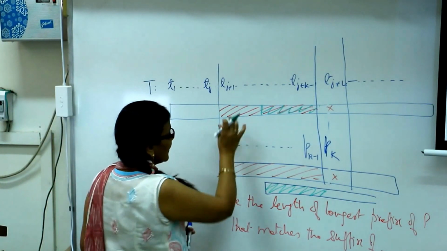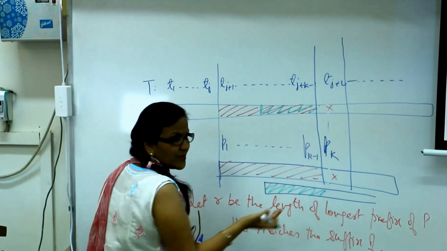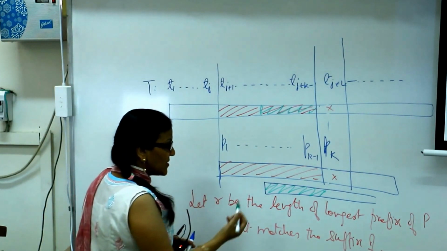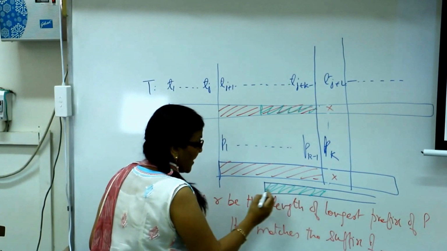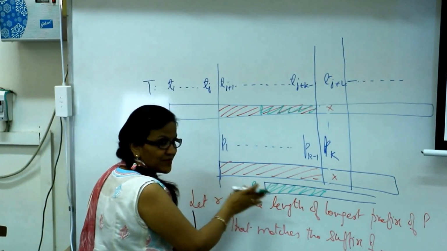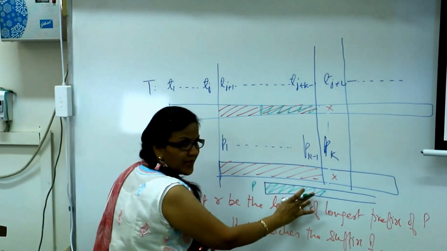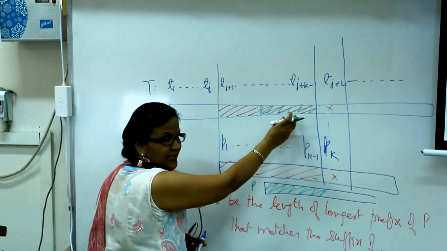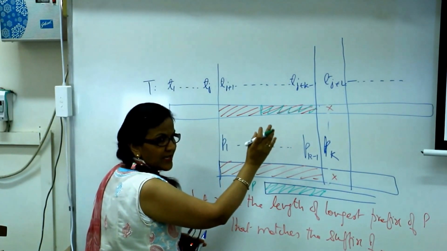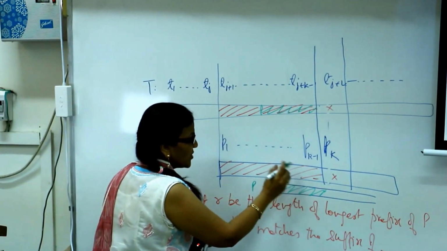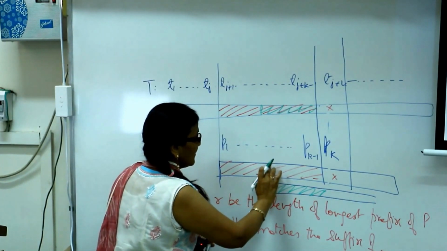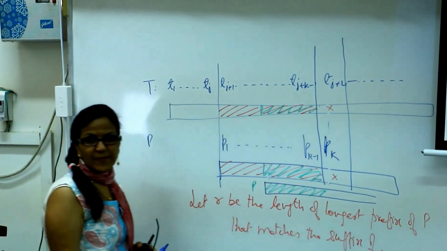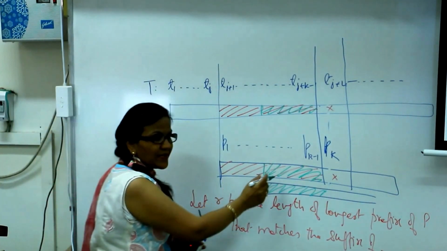Now note that this part of the text was same as this part of the pattern. Right? Thus saying that the prefix of my pattern, this is my P which I have slid, should match this part of the text is same as saying that it should match with this part of my pattern.